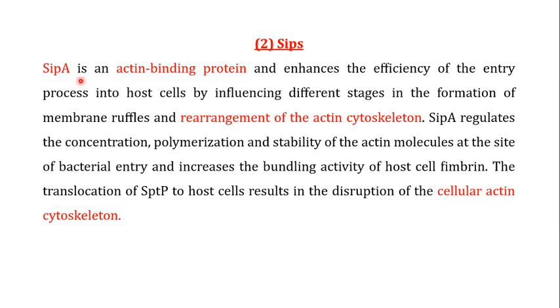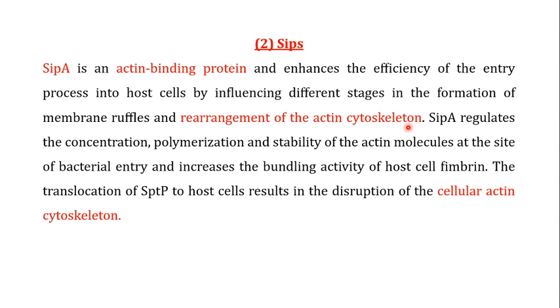One of the important ones is known as SipA, and that is an actin binding protein, and it enhances the efficiency of the entry process into the host cells by influencing different stages in the formation of membrane ruffles and rearrangement of the actin cytoskeleton. Now, actin is making the cytoskeleton of the human cells, and it is providing a particular integrity and shape to the host cells.